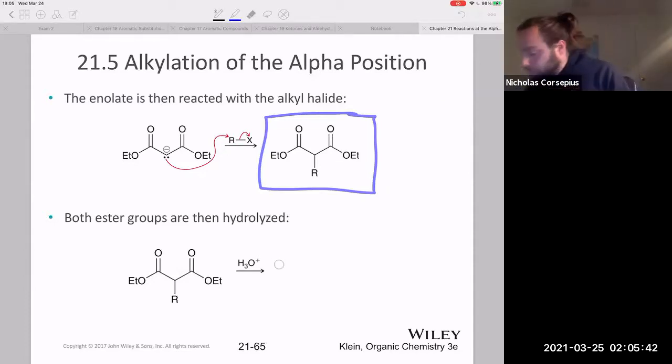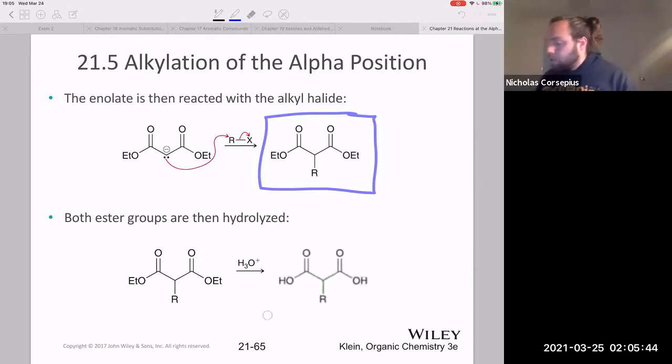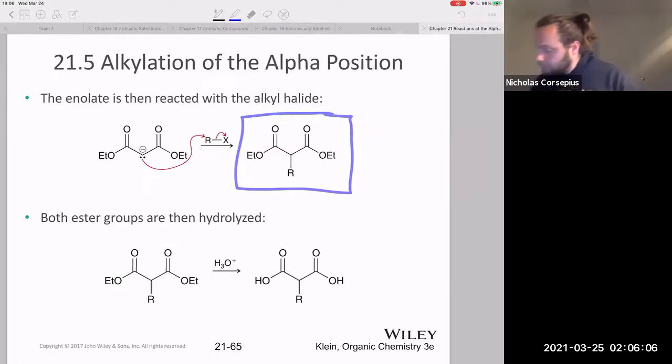The ester groups will turn into hydroxyl groups, right? This is just the Fischer esterification, or I guess the reverse Fischer esterification. But under acidic conditions, there's that equilibrium between carboxylic acid and ester. Okay, so this gives us this sort of dicarboxylic acid here.